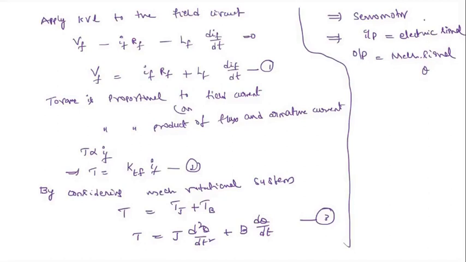Electric signal means either voltage or current. For this configuration, the input is field voltage and the output is angular displacement.